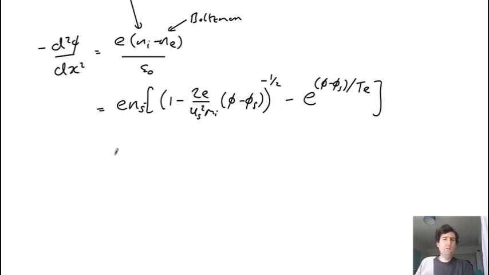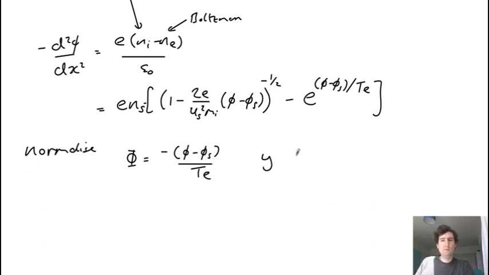It's then useful to normalize these equations to make them easier to manipulate. And a good choice for this is that we have a normalized potential, which is, here we just flip this to minus phi_s over T_e. So this is a normalized potential, normalized to the electron temperature.